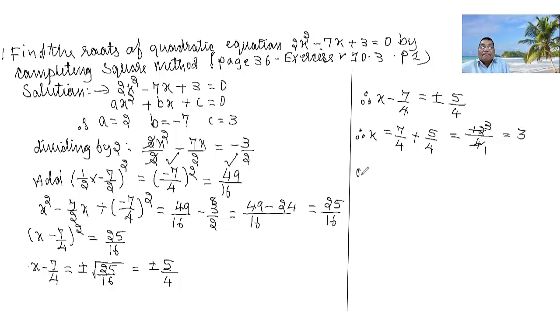Or another one, x equal to 7 upon 4 plus 5 upon 4 we have taken. Now you take minus 5 upon 4. This is equal to, 4 is the LCM, 7 minus 5 is 2. 2 into 1, 2 into 2, and this is 1 upon 2. One root is 3, the other root is 1 upon 2.